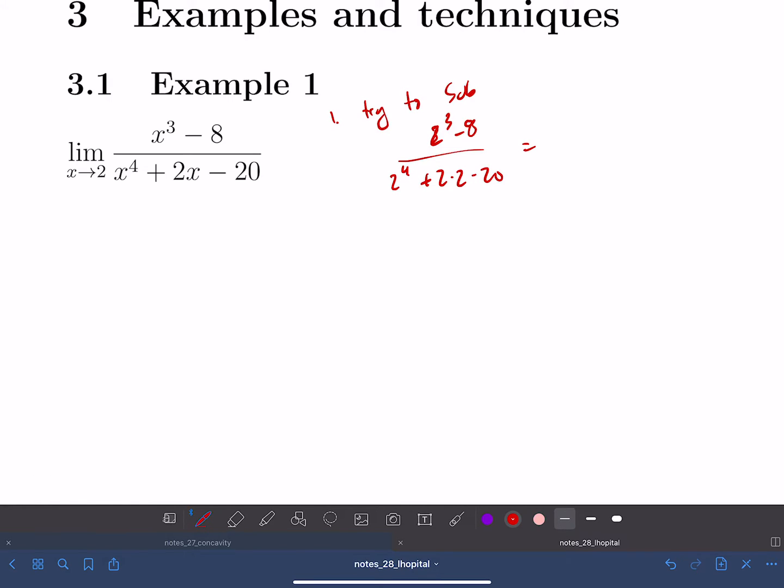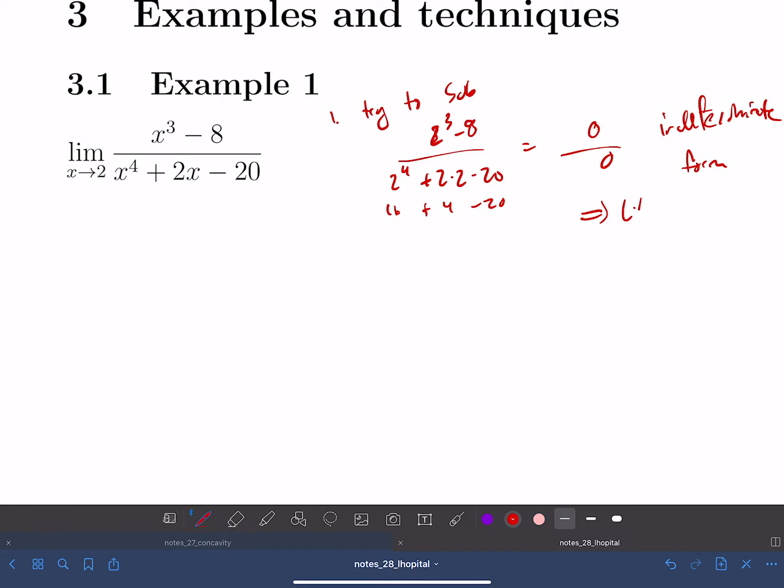Up top, I have 8 minus 8, which is 0. 2 to the fourth is 16 plus 4, minus 20 over 0. So I tried to plug in, and what I observe, I have our friend indeterminate form. In particular, the 0 over 0, or infinity over infinity. Huzzah!